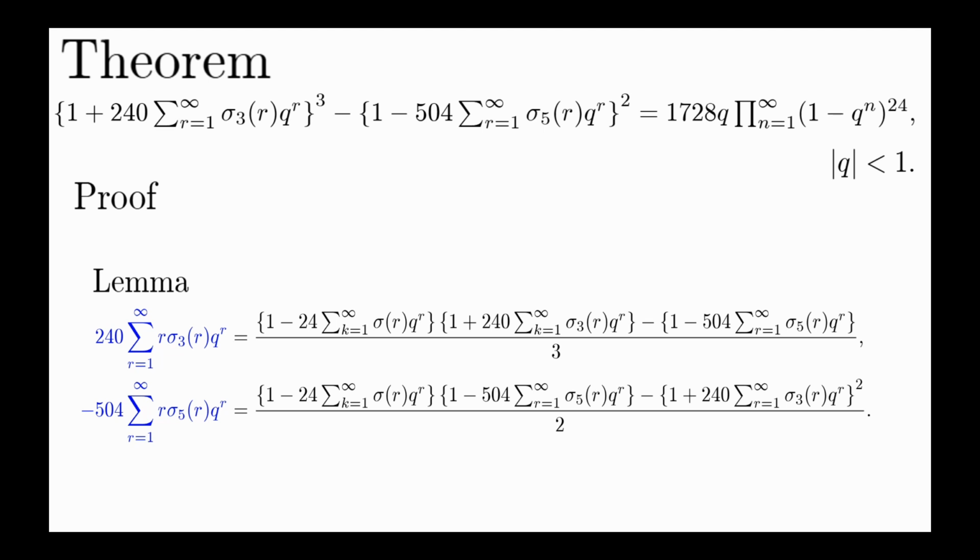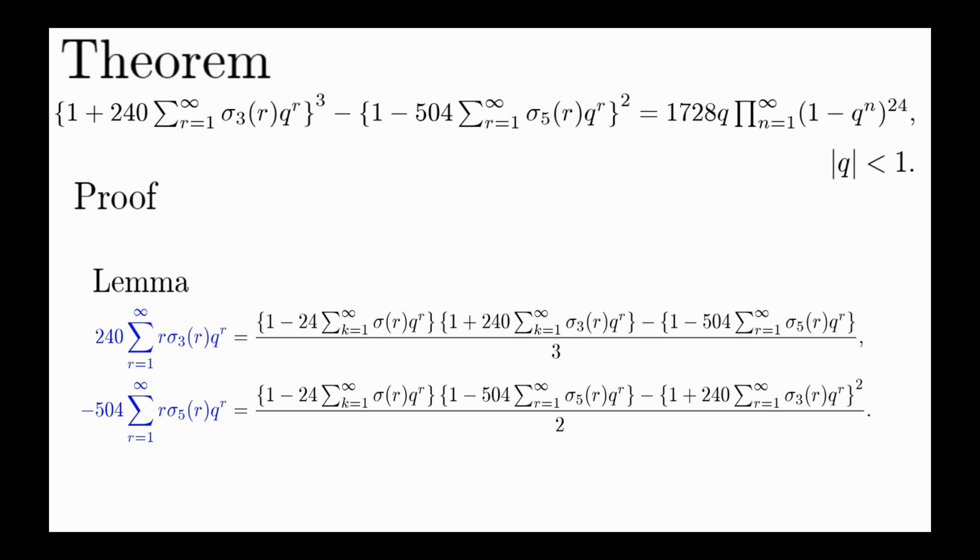And so these derivatives on the screen are expressed in terms of the Eisenstein series E2, E4, and E6. So we have not defined E2 so far, but E2 is defined as pi squared over 3 times this first factor in the term on the right of the lemma.